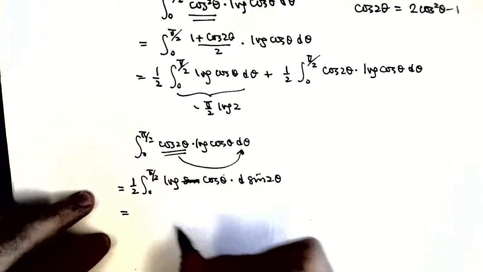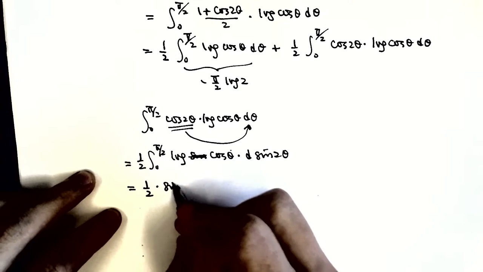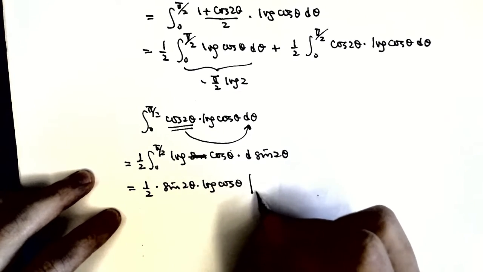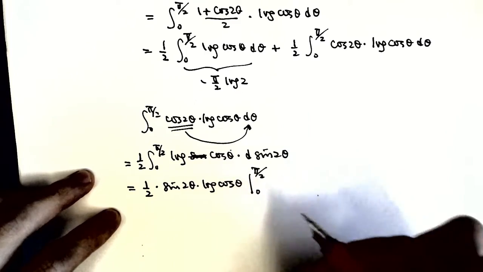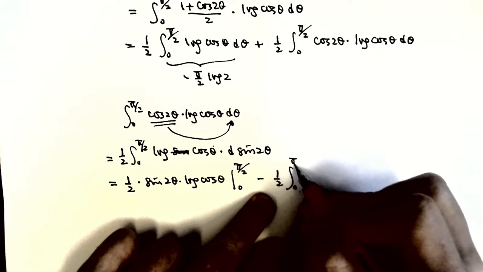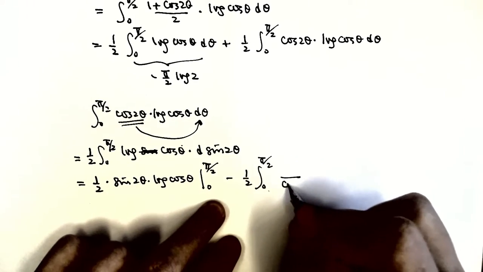Then we perform integration by parts, so we will have 1/2 sine 2 theta times log of cosine theta from 0 to pi over 2, and then minus 1/2 integral from 0 to pi over 2, where we differentiate log of cosine, so it will become 1 over cosine theta.